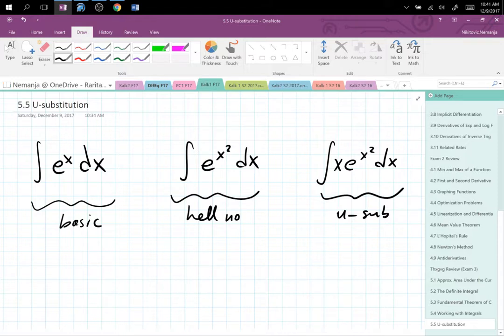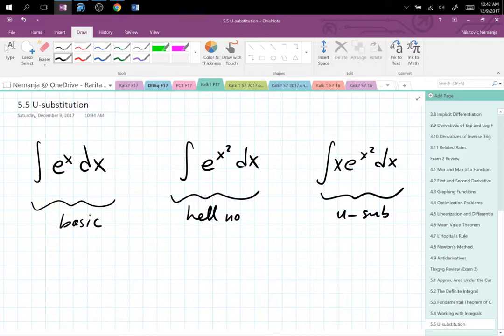Now, I already mentioned that the ability to do this section, which is one of the most important techniques of integration, is going to lie within your ability to spot function derivative pairs. Now, you see x squared, and you know its derivative is 2x. You don't quite have 2x, but it's close enough.